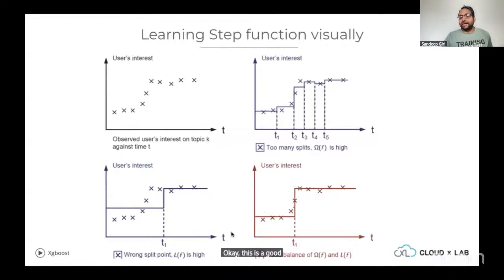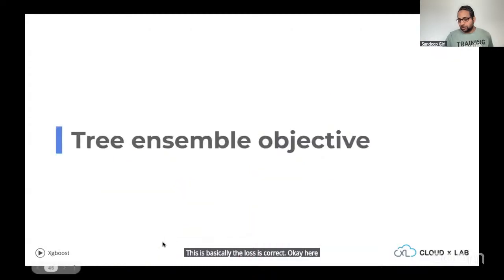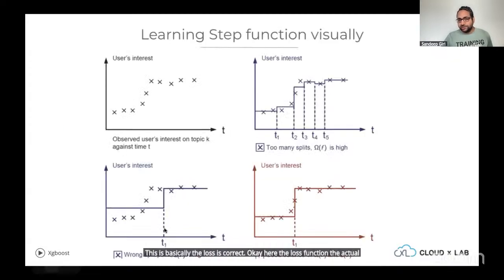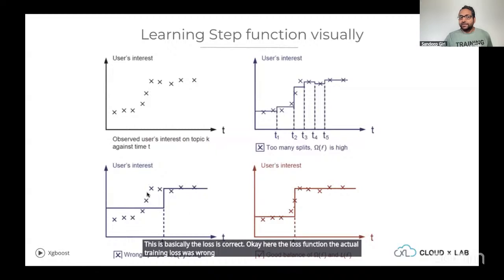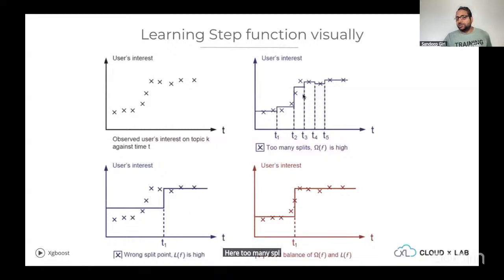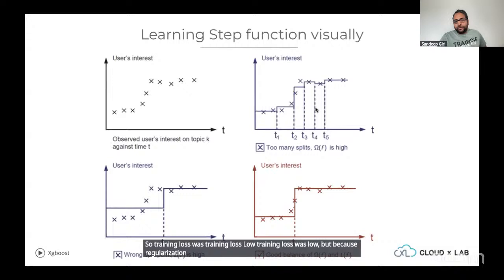It has a good balance, and the loss is correct. Here the actual training loss was wrong. Here the training loss is correct. Here, with too many splits, the training loss was low because we split at the correct place, but the regularization loss is very high.